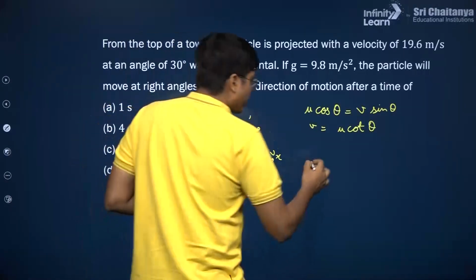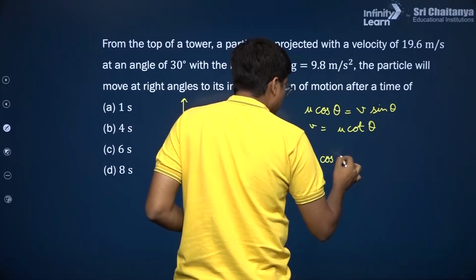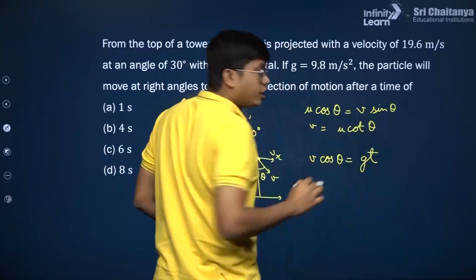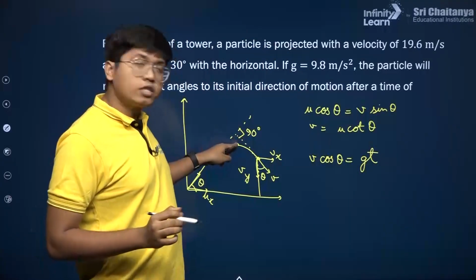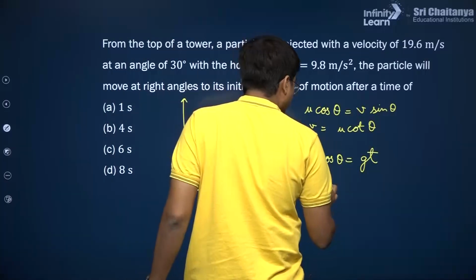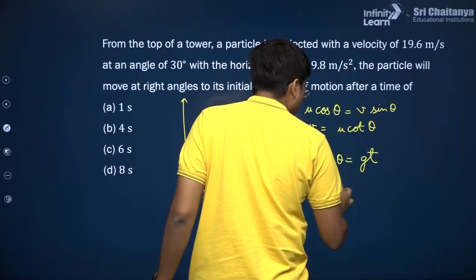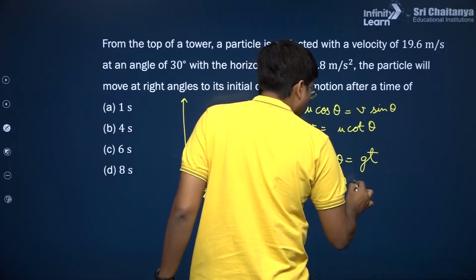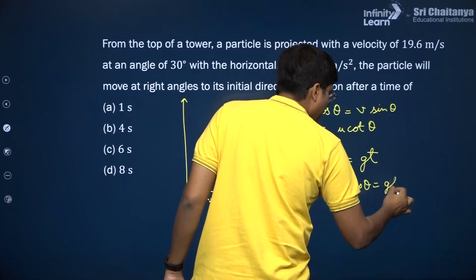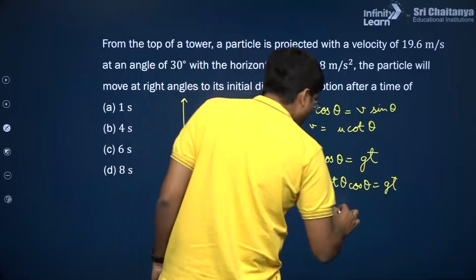Let's do that. We use the V is equal to U plus at relation, where V cos theta is equal to gt, because the initial velocity is 0 at the top point. So what do we get here? Let's put it. We have U into cot theta into cos theta. Cot theta cos theta is equal to gt. So t is equal to, what is U? U is 19.6.